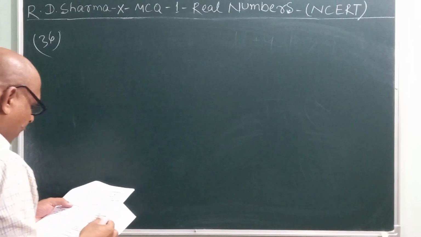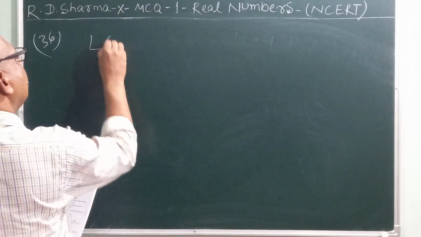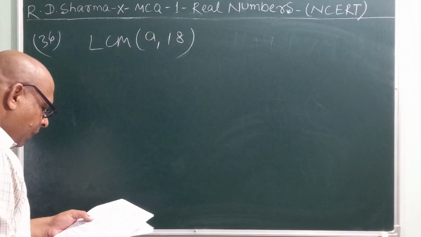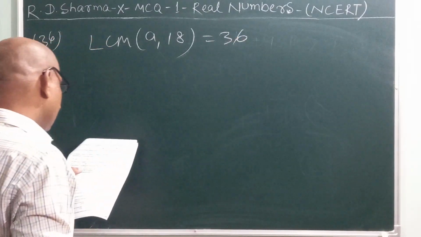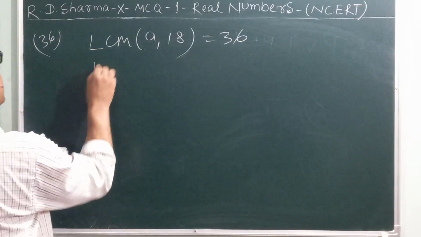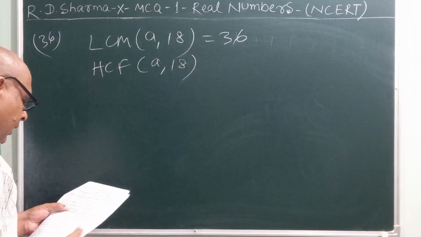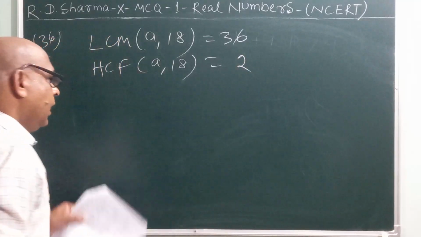If the LCM of A and 18 is 36, and the HCF of A and 18 is 2, then A equals dash.